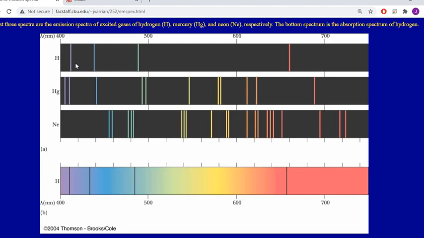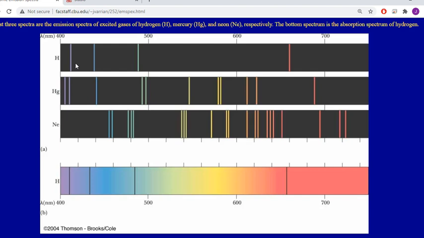There were empirical relationships for this series involving something called the Rydberg constant, R sub H. You can Google that if you want. What Bohr was able to do, though, was say, look, I have a reason for the emission spectra of hydrogen based on this theory. In fact, Bohr predicted certain emission series, certain wavelengths that people hadn't even looked at.